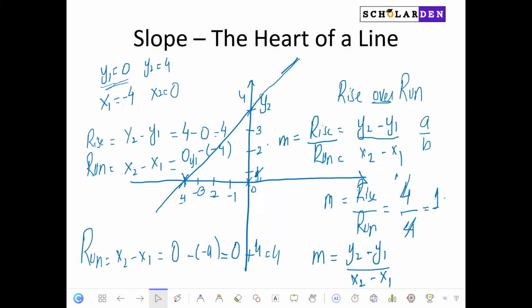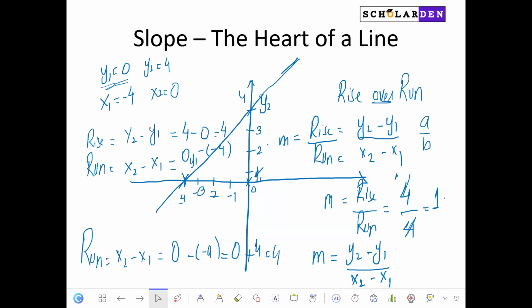You take the differences and divide them, so y2 minus y1 over x2 minus x1 gives you the rise: how much this line has risen along the y-axis corresponding to how much it has run along the x-axis. So rise over run. This is the principle of slope, and slope is at the heart of line.